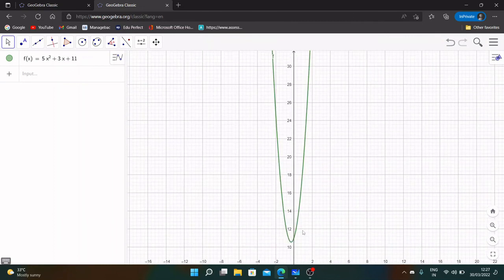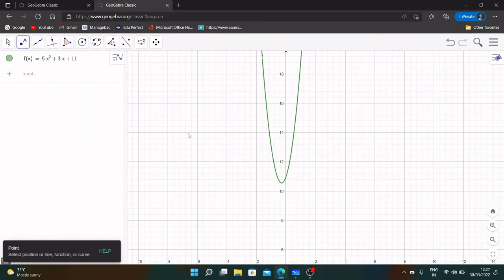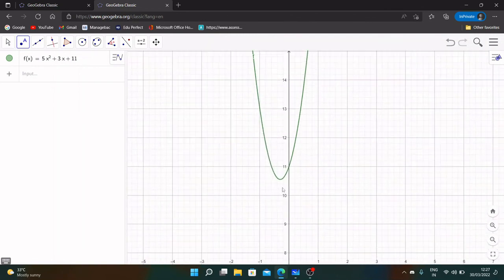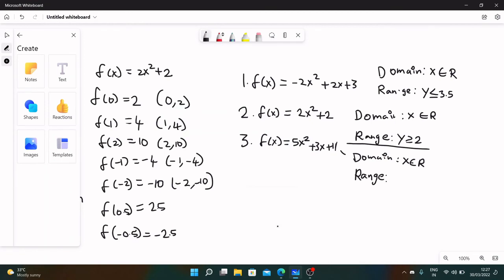We have it here. We know the domain, so we need to find the range. It's a concave up parabola, so the y-coordinate of the vertex will be the minimum value. So our vertex would be at this point, 10.55. So y greater than or equal to 10.55 is our range.